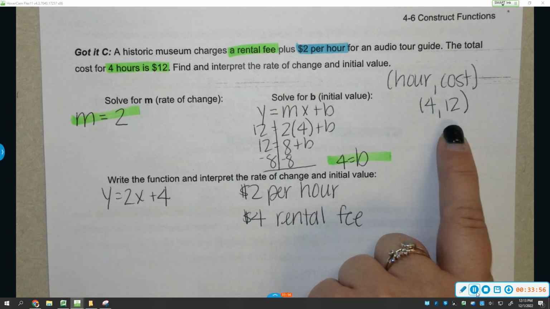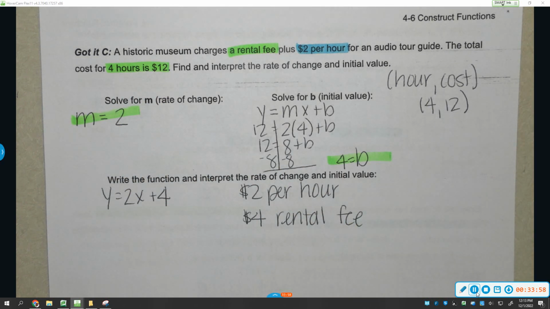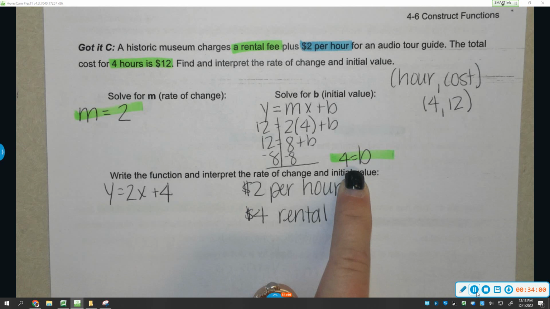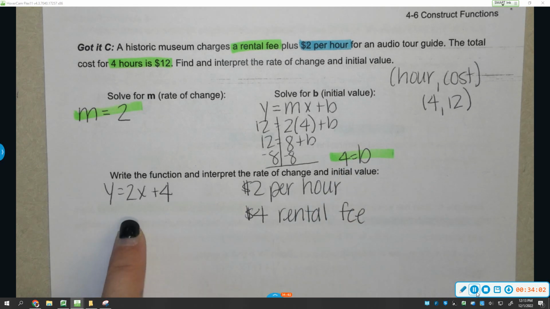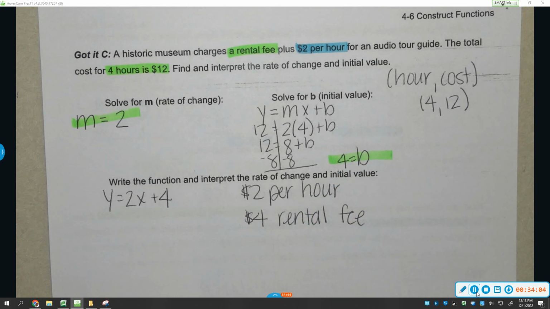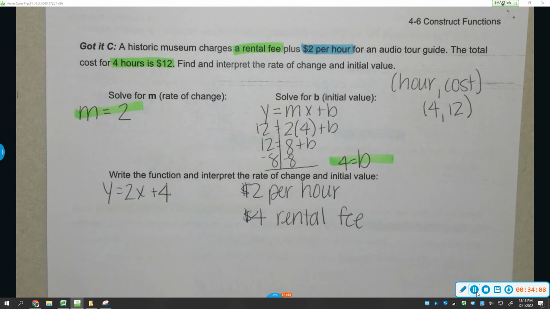Your cost depends on hours. So here's our ordered pair. And when we solve, we get B is 4. So your equation is y equals 2x plus 4, where 2 is the $2 per hour, and 4 is the rental fee. All right, so on your homework, you will have 2 of each kind. You will have 2 tables, 2 graphs, and 2 story problems.